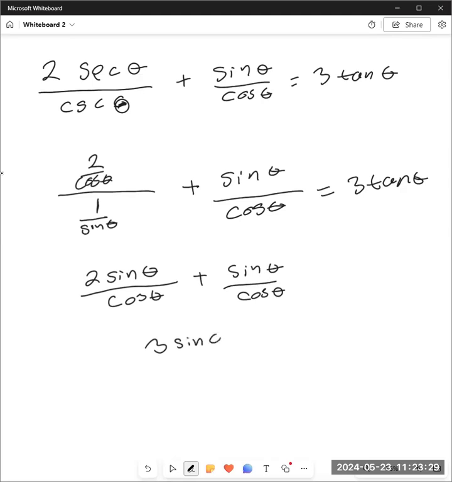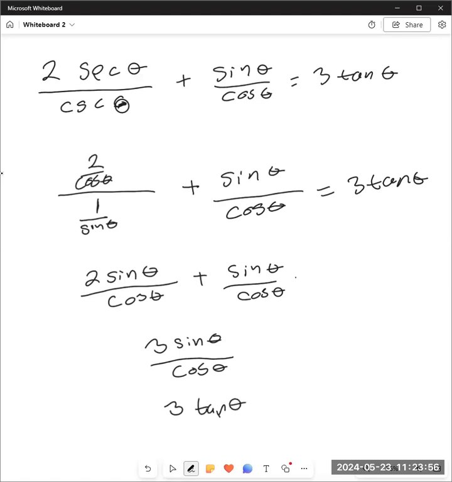They're not going to have you give any more steps here. And so we're just going to finish this up here, even though they aren't going to justify their answer past this step. 3 sine theta over cosine theta, and sine theta over cosine theta is tangent theta, and that's a quotient identity.